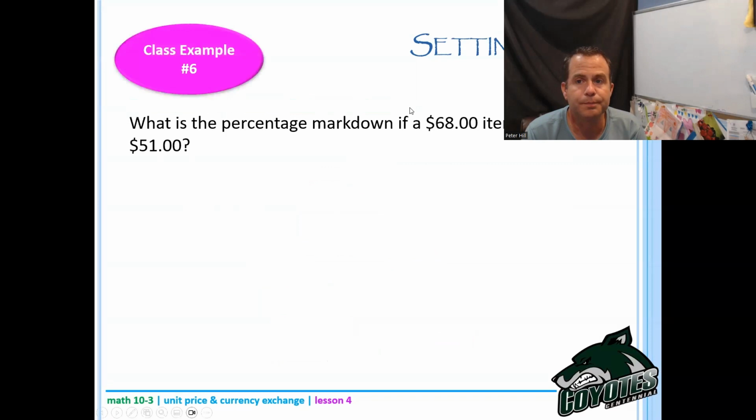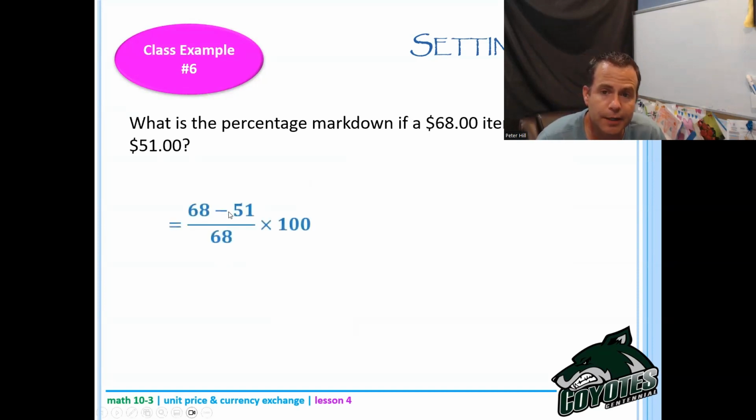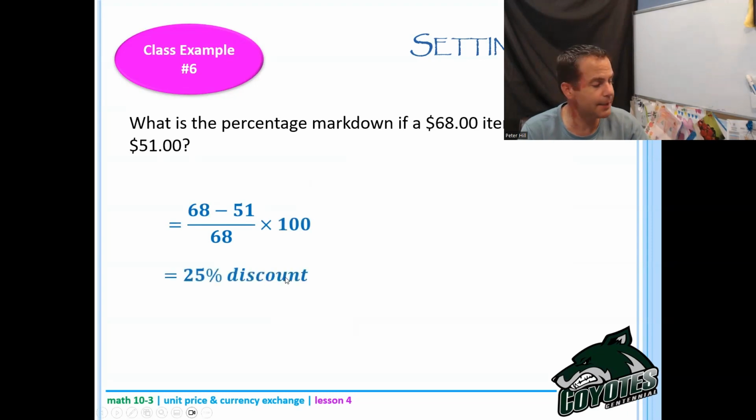So 68 is our regular price. The discount would be whatever 68 minus 51 is. So we'll go 68 minus 51, and then we'll divide it by the original price, and then we multiply that by the 100. That gives us a 25% discount.